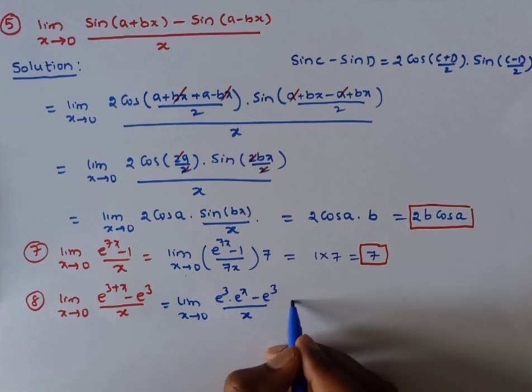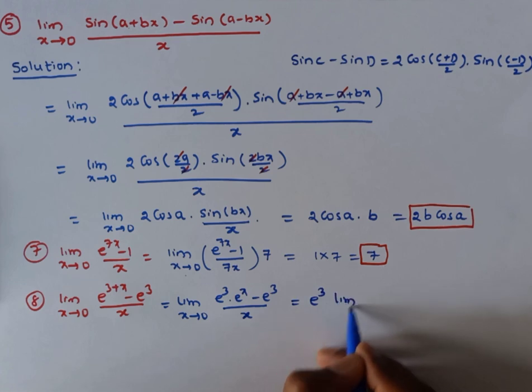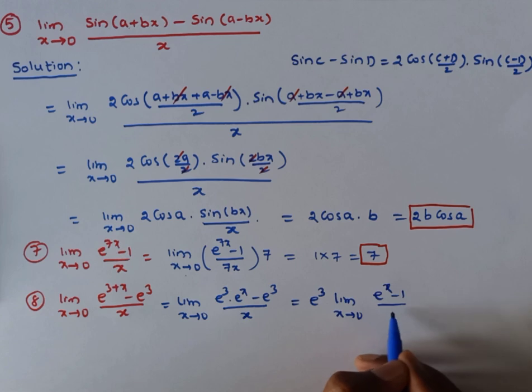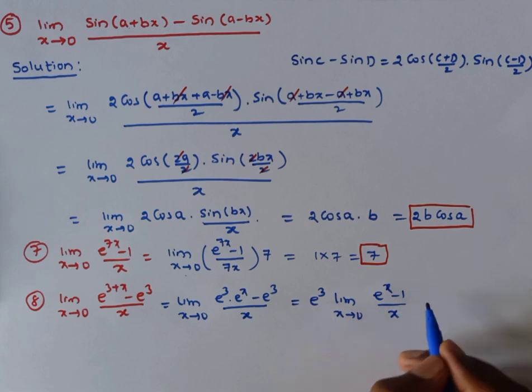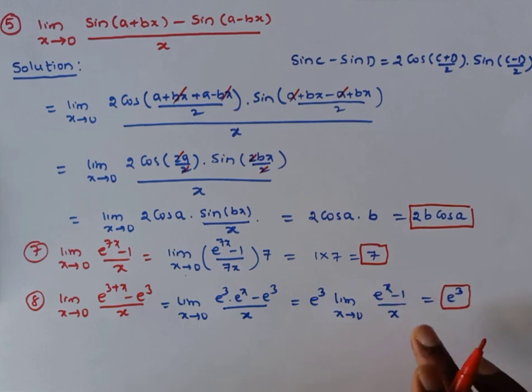Here e power 3 is a constant, so it is e power 3 into limit x tends to 0 of the remaining part, e to the power of x minus 1 by x. We already know this formula: limit x tends to 0 of e power x minus 1 by x is 1. So e power 3 into 1 is e power 3. You need to remember the formula: e power x minus 1 by x as x goes to 0 is 1.